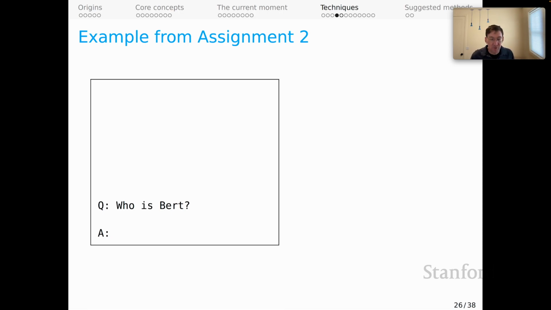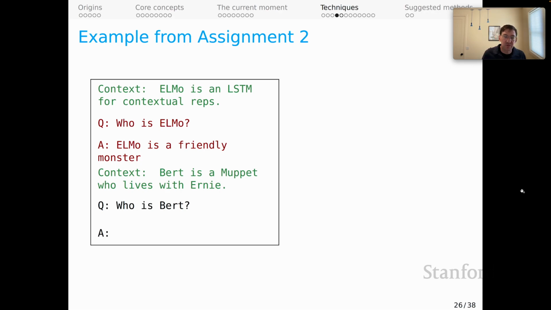Let's start with our usual question: who is Bert? We're going to retrieve some kind of context passage, presumably, and then the question is what to do for demonstrations. Suppose that I find the demonstration, who is Elmo, with answer, Elmo is a friendly monster, and maybe that's just from my train set. But the train set doesn't have context passages, so what I decide to do is retrieve a context passage.